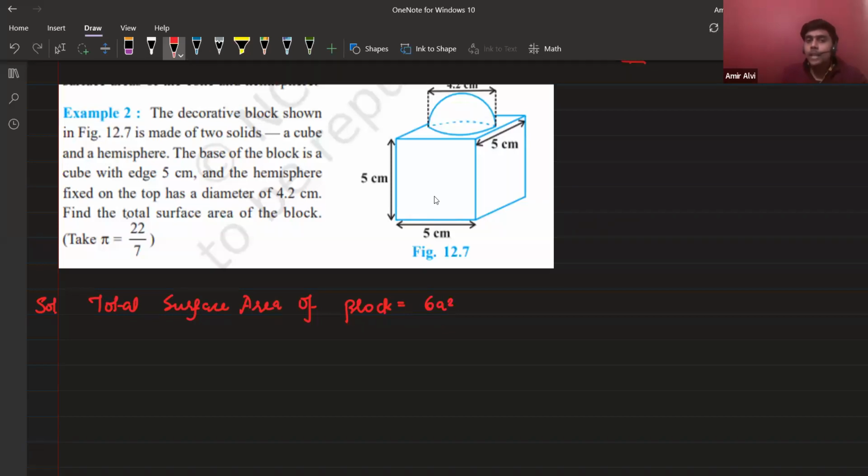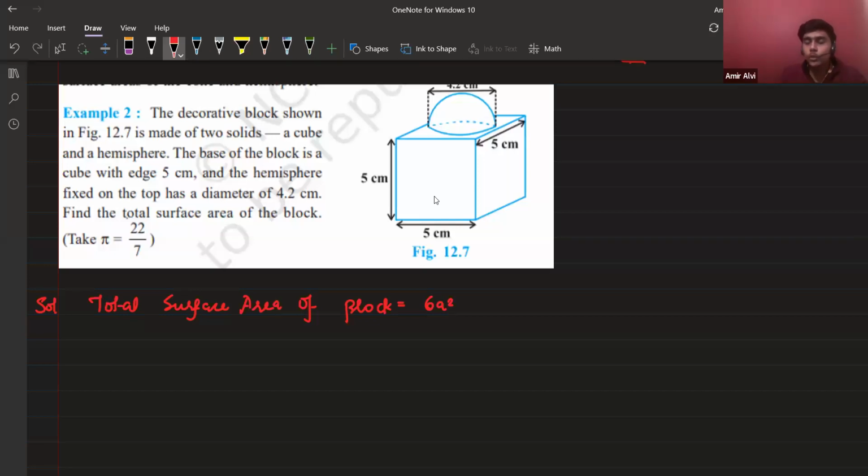Very good. Now the inverted bowl is placed, so you will take the curved surface area of the hemisphere, because the base of the hemisphere is not visible. That's why you will take the curved surface area.